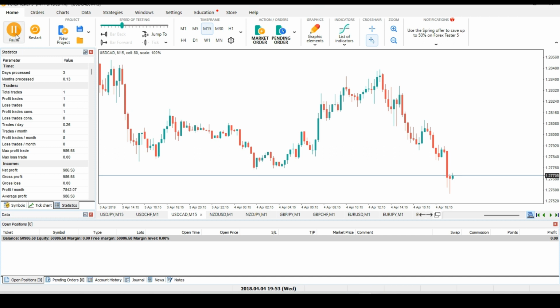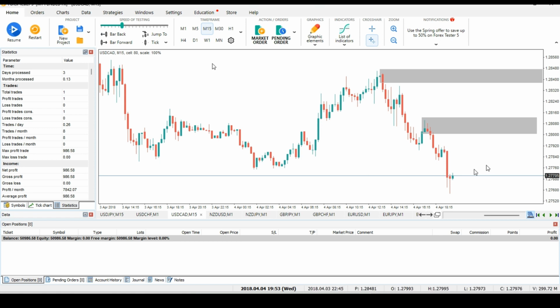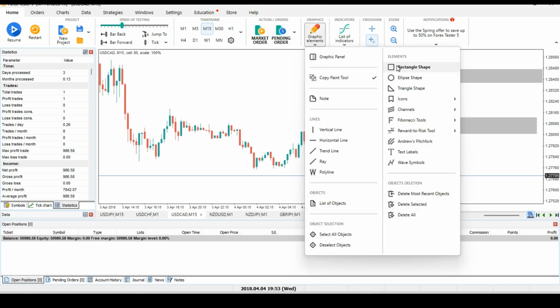So what am I looking at right now? I'm looking at big momentum candles. The levels I'm watching right now are, of course, this level right here, and then I'm also watching this level right here. This level here, not so much.